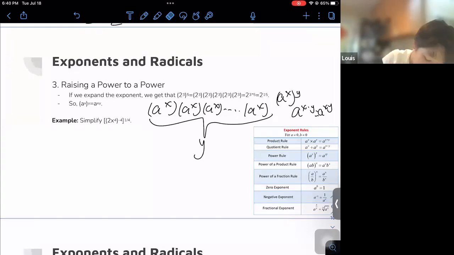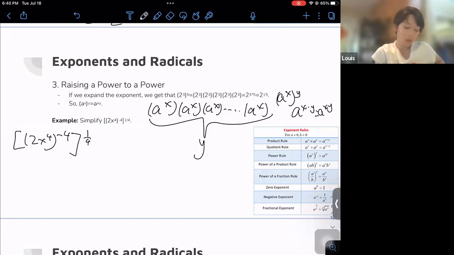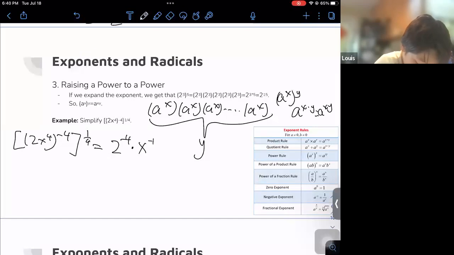So we have this expression, 2x to the fourth to the negative fourth to the 1 over fourth power. So this is just equal to 2 to the negative fourth times x to the negative first power to the 1/4 power.